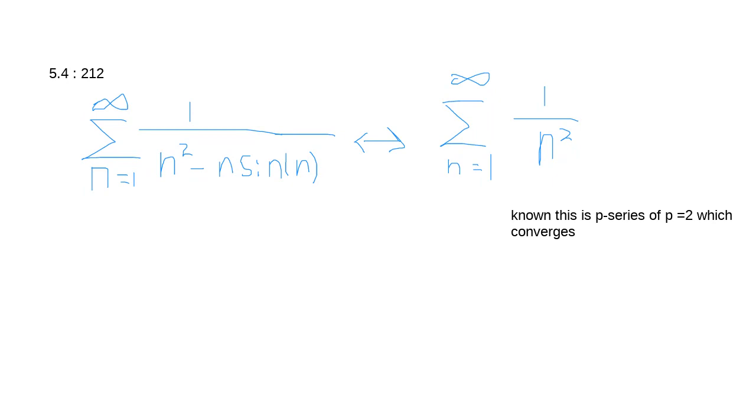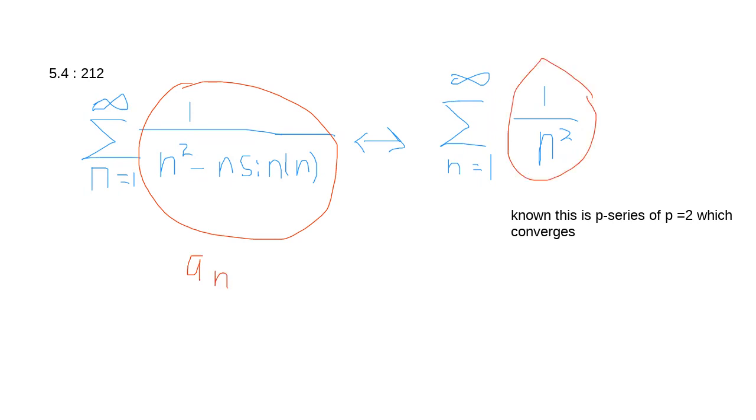So automatically I'm thinking about this one. Now, if we only pull out the n term, let me change the color. Let's call this a_n, and let's call this b_n.